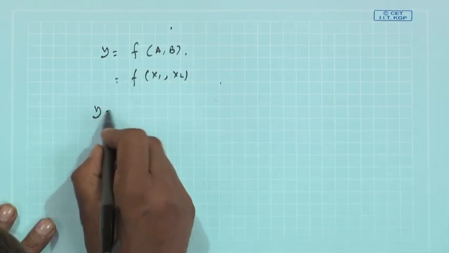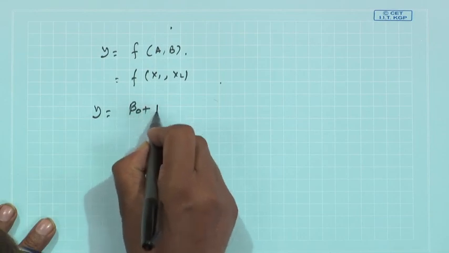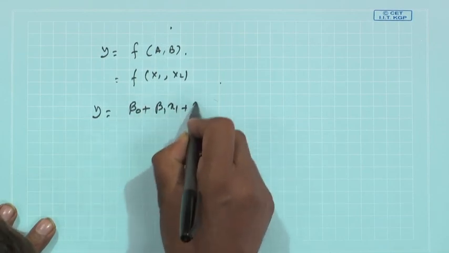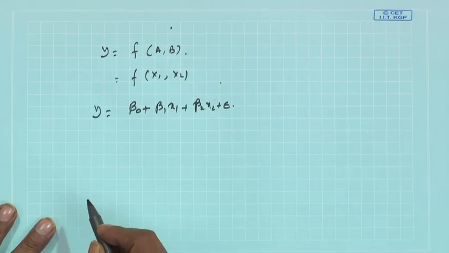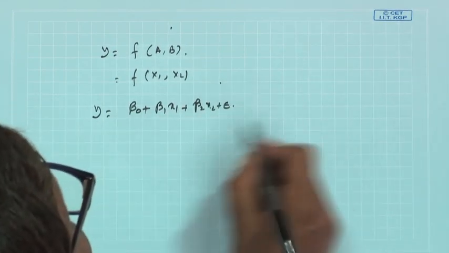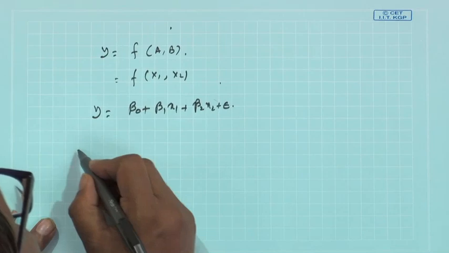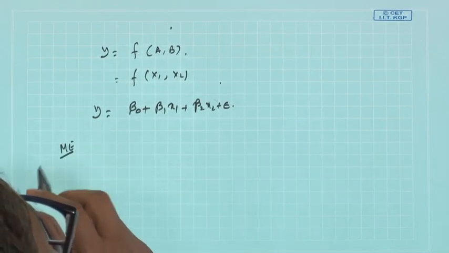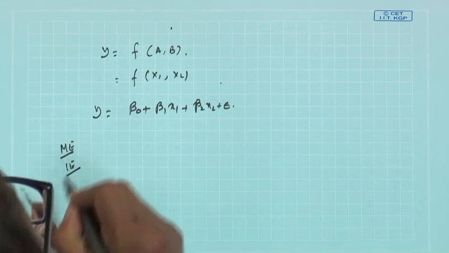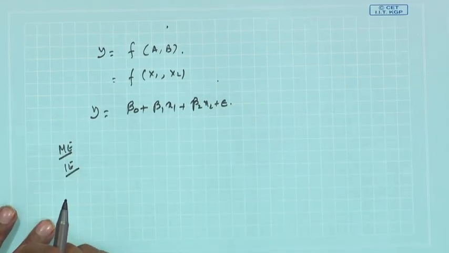Then we can write this one is beta 0 plus beta 1 x1 plus beta 2 x2 plus epsilon. Now, is there any relation between the main effects and interaction effects and the regression parameter?